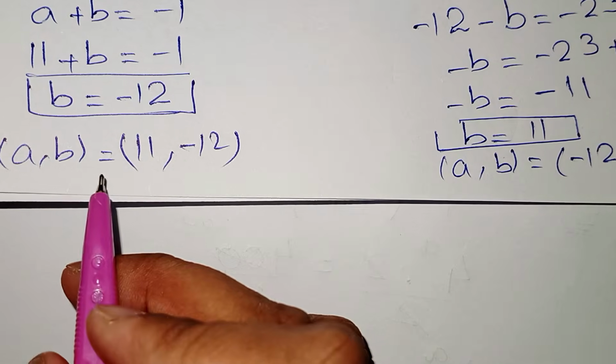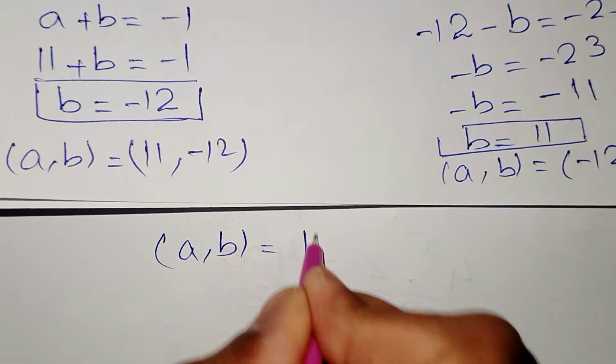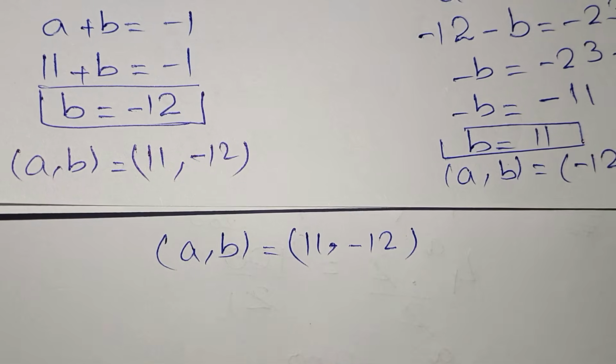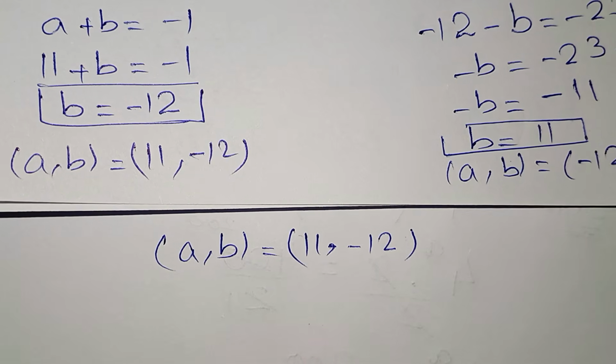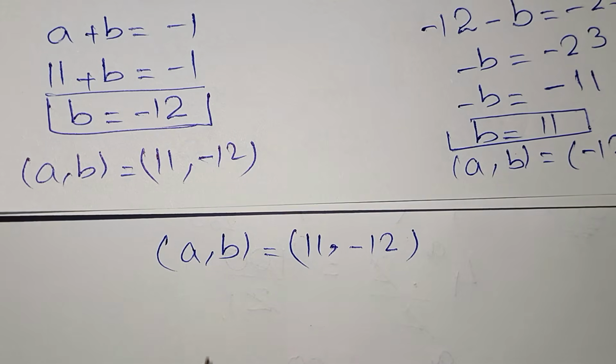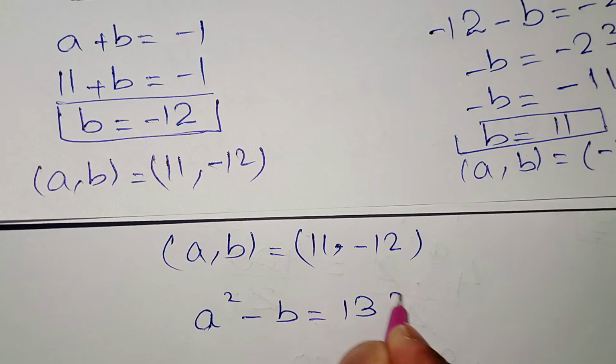We will first check this value of (a, b) = (11, −12), whether it is correct or not. We have the equation a² − b = 133.